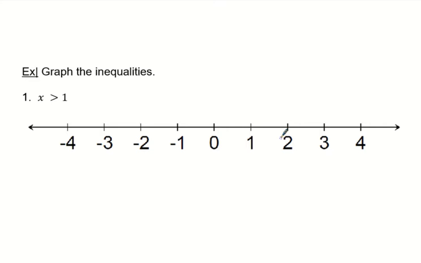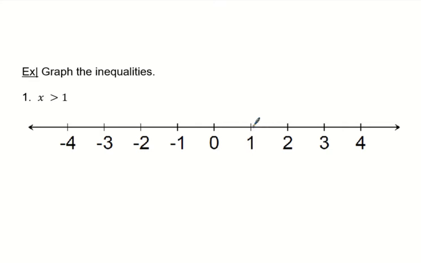But what are we going to do? Because it's not just about the nice integers. Isn't 1.5 bigger than 1? Isn't 1.5 something that could fill in for x and make this a true statement? Yeah. Well, what about 1.1? What about 1.01?